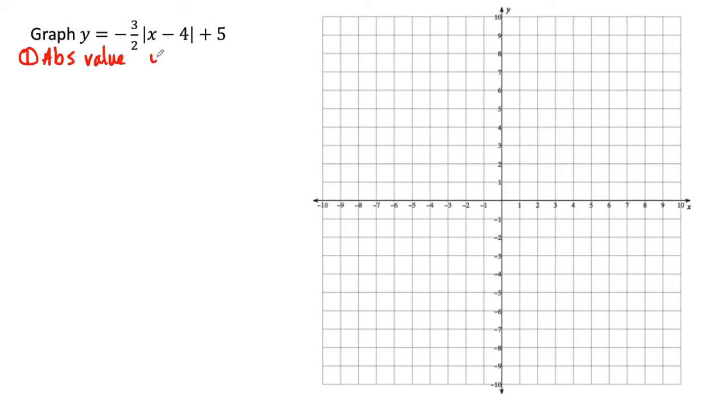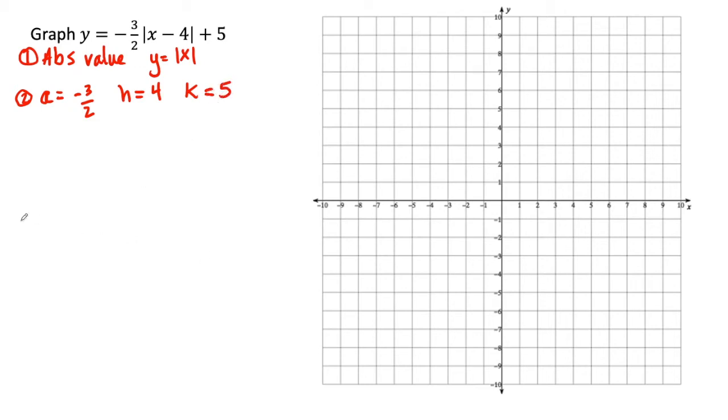And so the parent function for that was y equals the absolute value of x. Okay. Step 2 is identify your a, h, and k. So a is negative 3/2. h is positive 4. And k is positive 5.